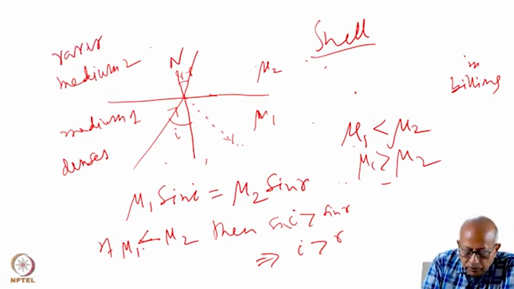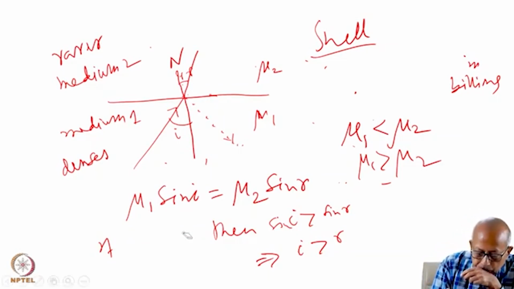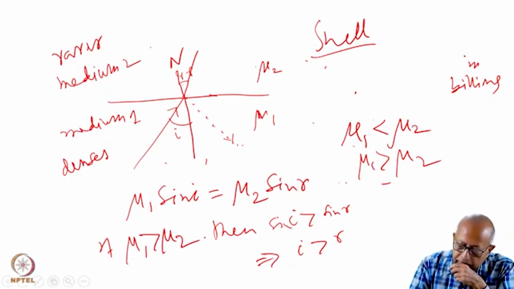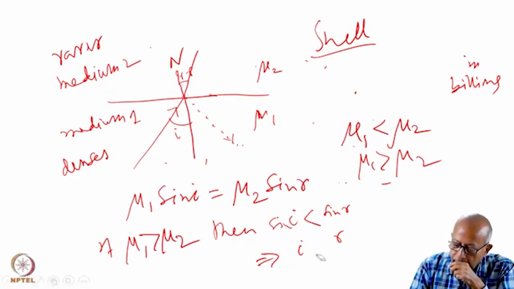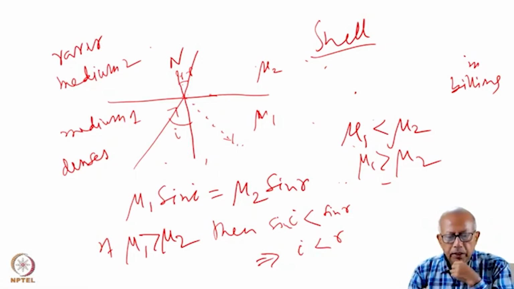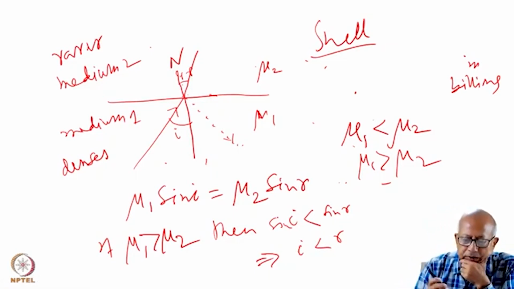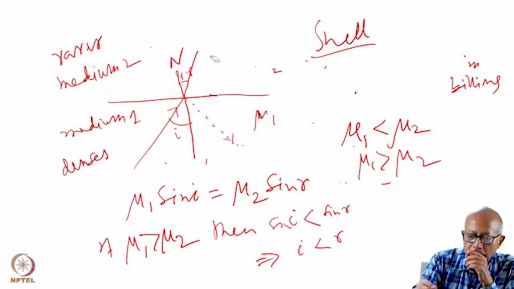So now mu1 is more than mu2, then sin I should be less than sin R. Hence, I should be less than R. Now from here, we understood that there could be another very interesting kind of reflection.